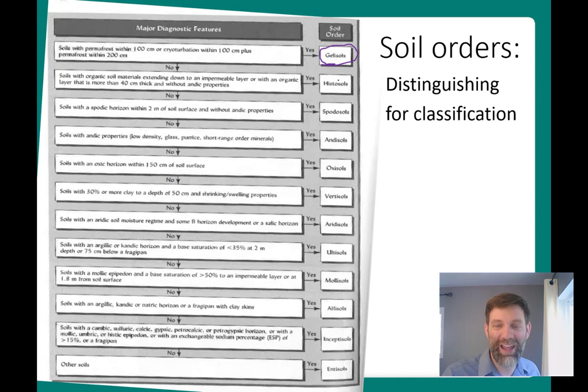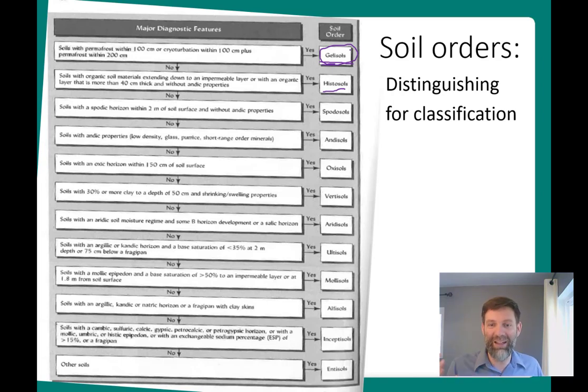So if you have an organic frozen soil, well, those two are hard to overlap with very many others. But if it's both organic and frozen, gelisols wins because it comes first. So it's sequential. You work your way through and you ask a series of questions and you get at one answer.